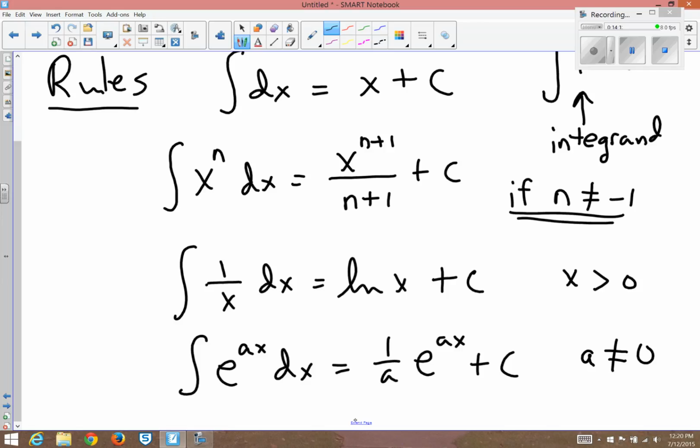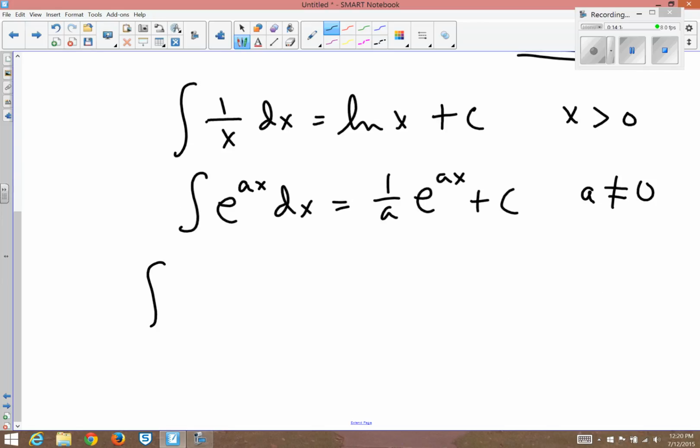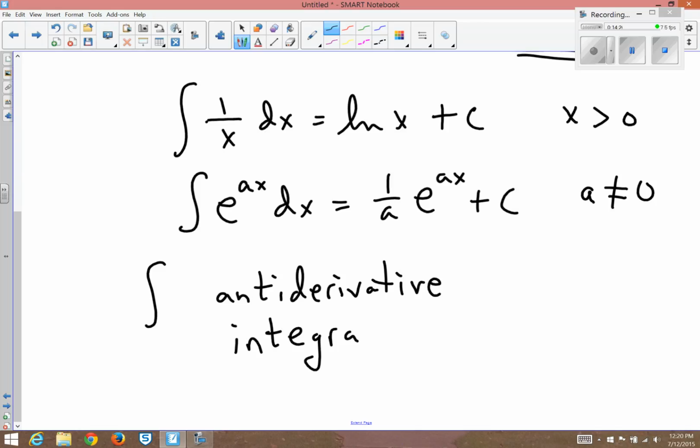So sometimes when I write this symbol, I say antiderivative. And sometimes I'll say the word integral. So you might get confused, but I use these words interchangeably. And what's in between this symbol and somewhere over to the right, there's always going to be a dx.